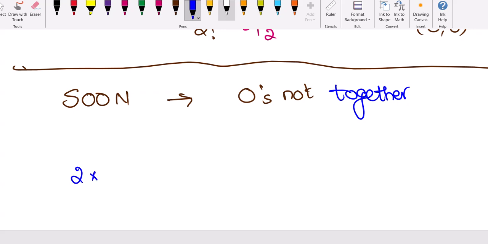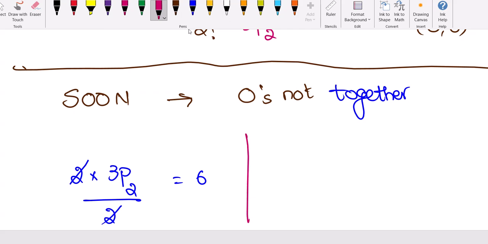Then, when you have two consonants, three spaces will come. In those three spaces, arranging two vowels is 3P2, or nothing but 3 into 2. Now we divided by 2 factorial because two O's are there. That's our discussion so far. So if 2 and 2 get cancelled, 3 into 2 is 6.